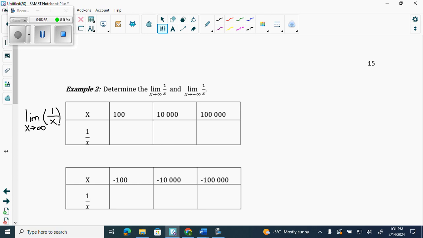So now I go second trace value, and I put in 100. And now it actually gives me a value: 0.01. Then I do 10,000: 0.0001.